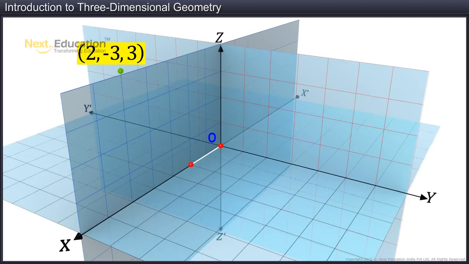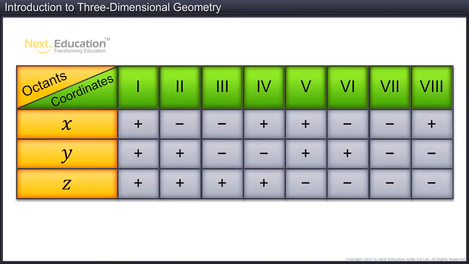So from this point, we measure 3 units on the xy plane in the direction of OY' parallel to the y-axis. We mark a point there. For the z-coordinate, that is 3, we measure 3 units from the point perpendicular to the xy plane. We can notice that the point lies in the 4th octant. The table shown here gives the details of the octant according to the signs of the coordinates of a given point.